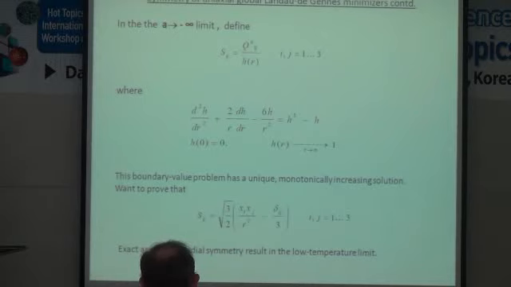And the central result is that we can prove that these tensors S, these division tensors if you like, converge uniformly to this perfectly radial tensor here at the bottom in the low temperature limit.